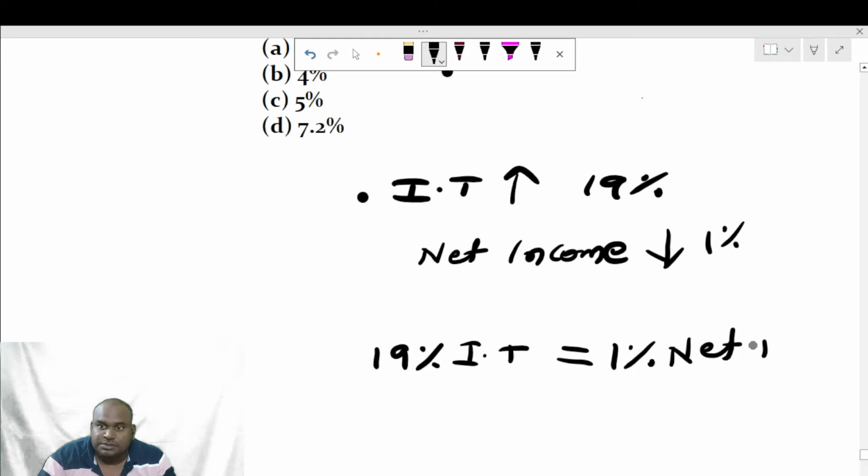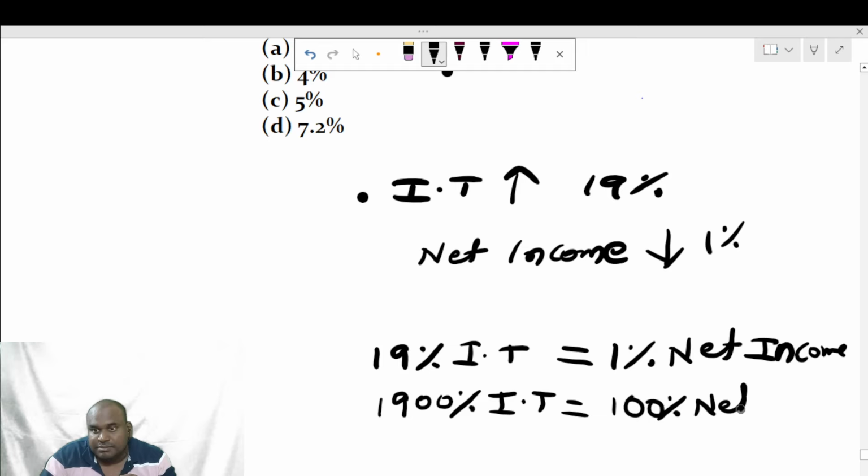I'll just multiply both sides with 100. Then it will become 1900% of income tax is equal to 100% of net income.